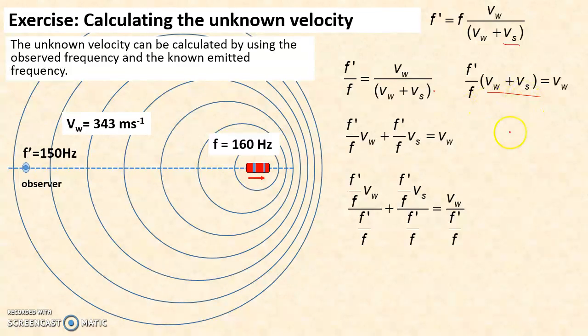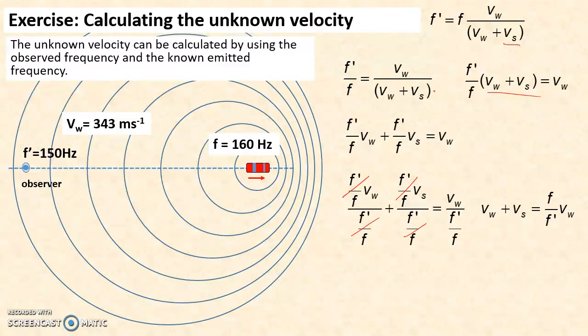Now when I divide all terms by f dash over f, I get VW plus VS equals VW over f dash over f. Now if you know what happens when you divide fractions, you can actually multiply by the inverse of the fraction. So VW over VS equals VW multiplied by the inverse of this fraction, f over f dash.